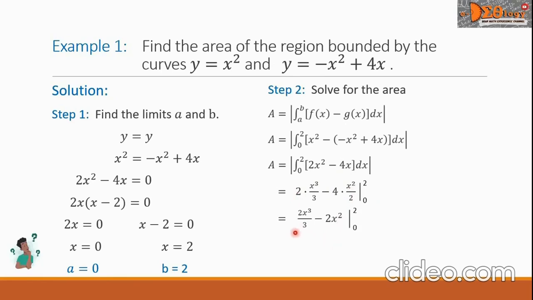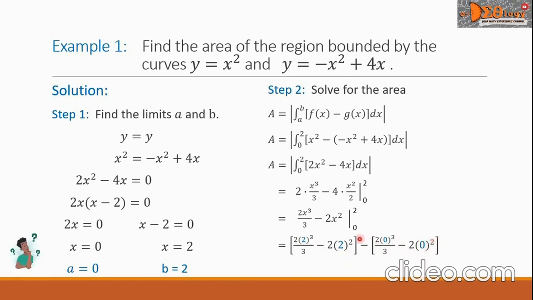Now we are ready to evaluate this expression with respect to the limits of integration. So we have now 2 times 2 cubed over 3 minus 2 times 2 squared, minus 2 times 0 cubed over 3 minus 2 times 0 squared.